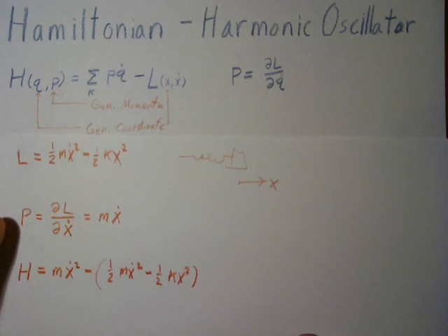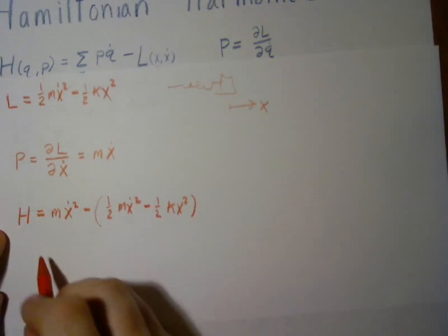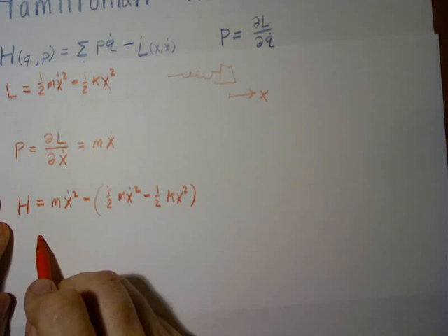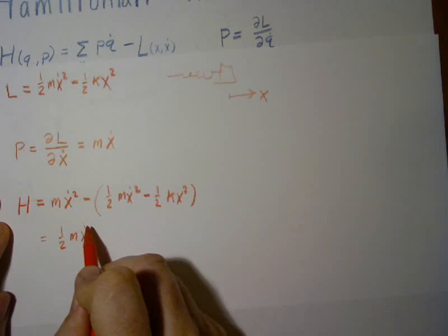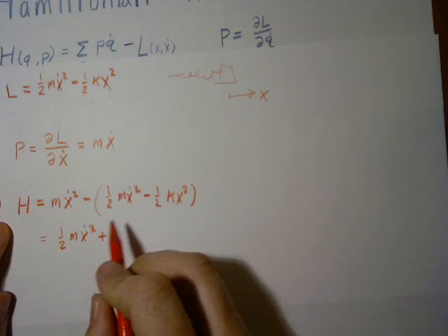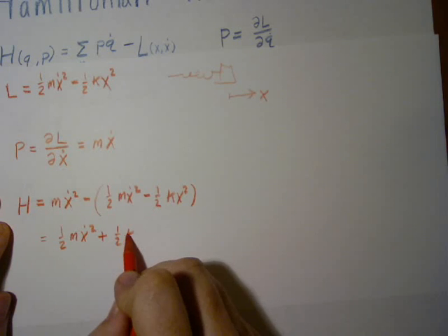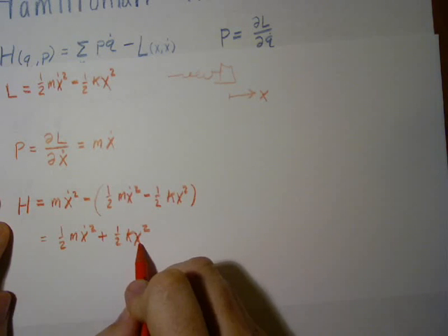If we simplify this, we get 1/2 m x dot squared plus 1/2 k x squared.